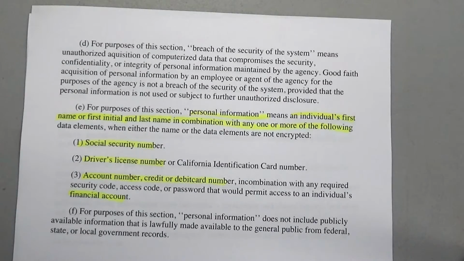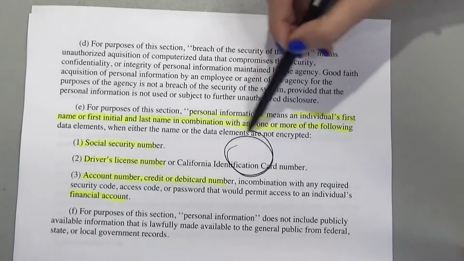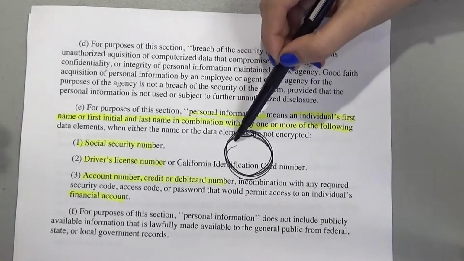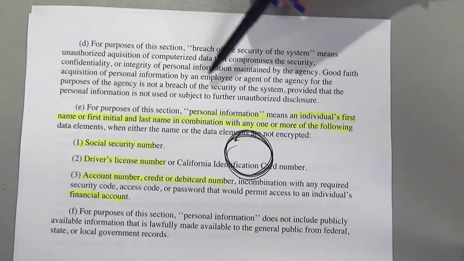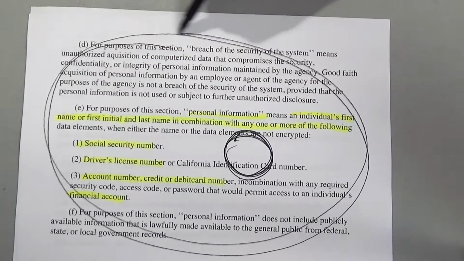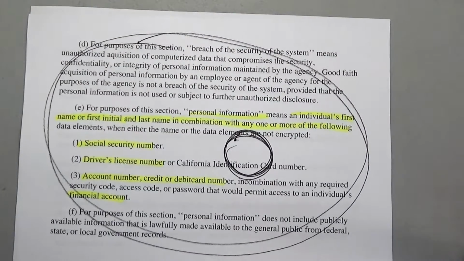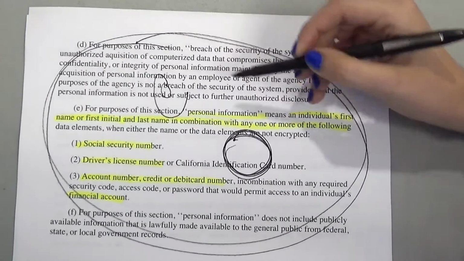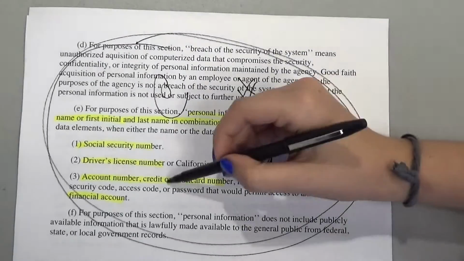While this is a great attempt at addressing what personal information is, it's not all-encompassing. So they're addressing this small little circle here, this little facet of what it means to be personally identifiable information, while they should be addressing this much larger circle, which includes things like email addresses, phone numbers, your address, etc.